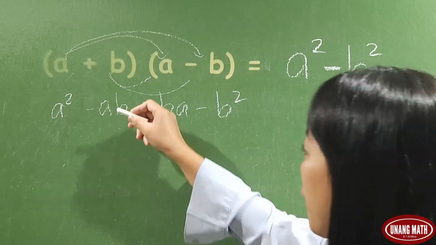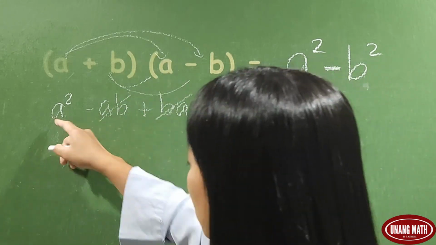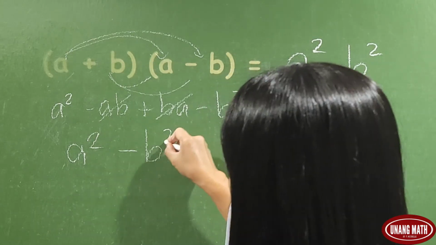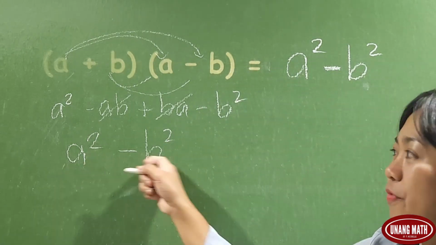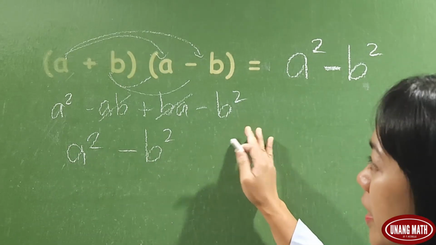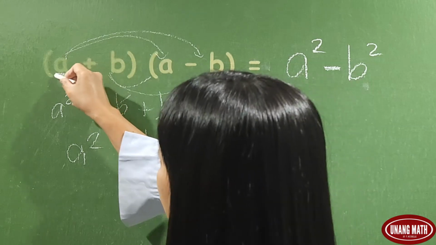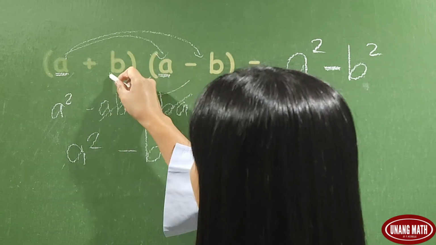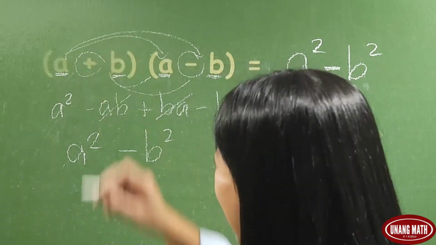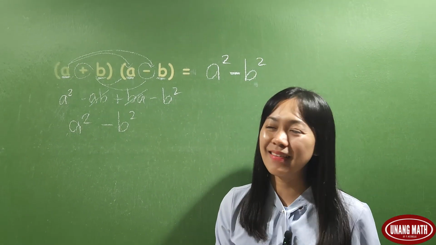And if we simplify, this will be canceled. So we have here a squared minus b squared. So difference of squares. The pattern here is we have same numbers or same variables with different signs.